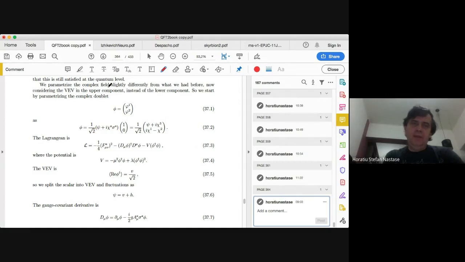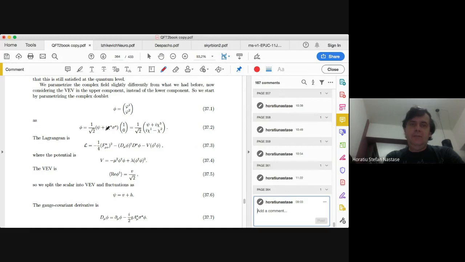We parameterize the complex field slightly differently than before. Let's consider the VEV in the upper component instead of the lower component, and it's still a real VEV. Being a doublet, I would write phi 1, phi 2, up and down.